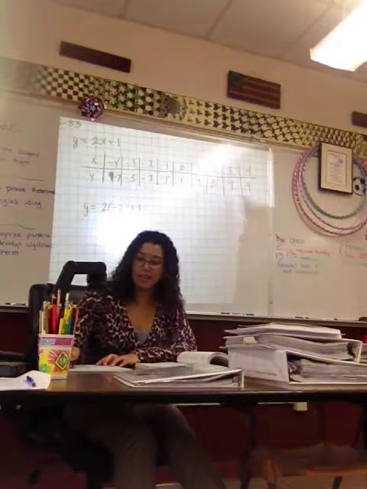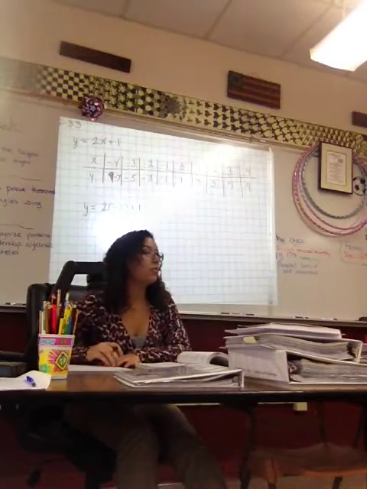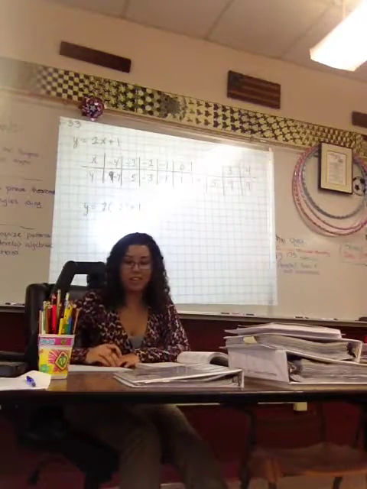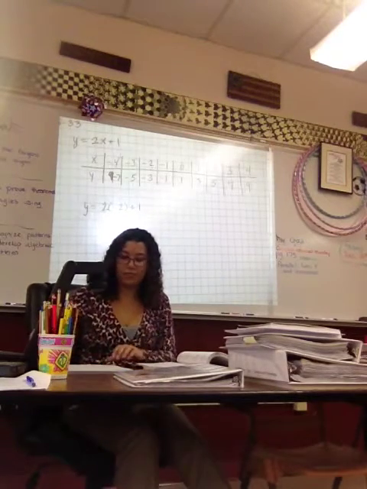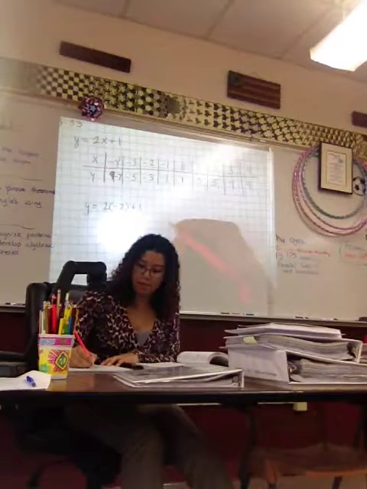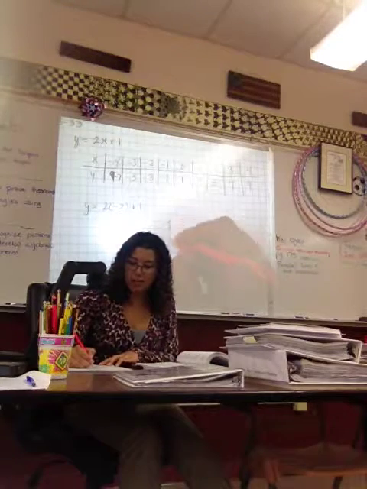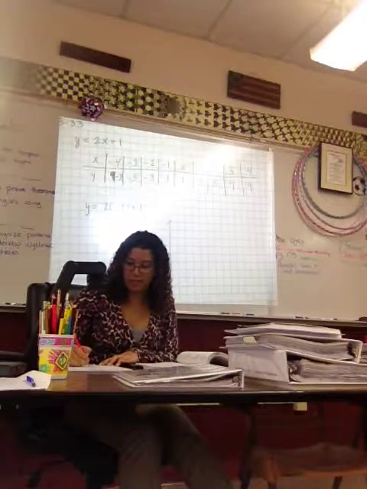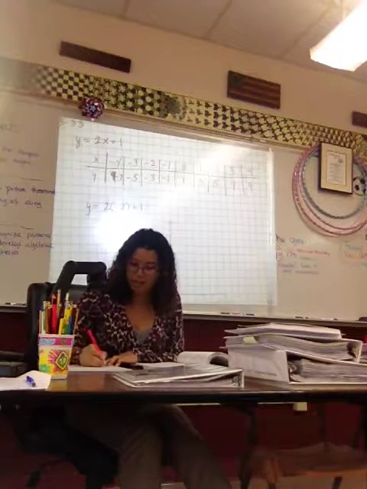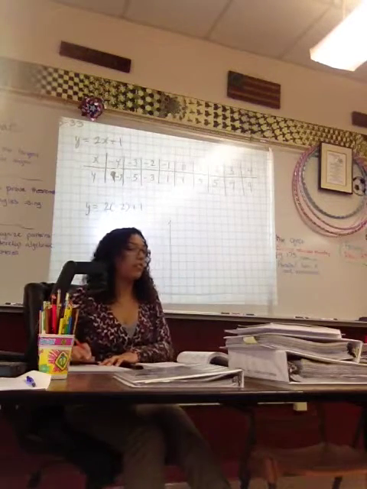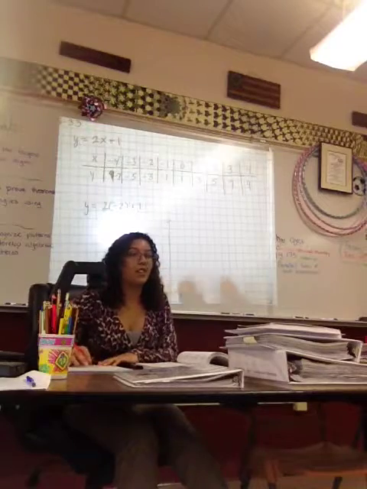So right, our highest value is 9, and what was our lowest value? -7. So we're going to now create a graph for it. We want to keep in mind our highest and lowest values, because now we have to scale our graph in order to fit all of our values on there.